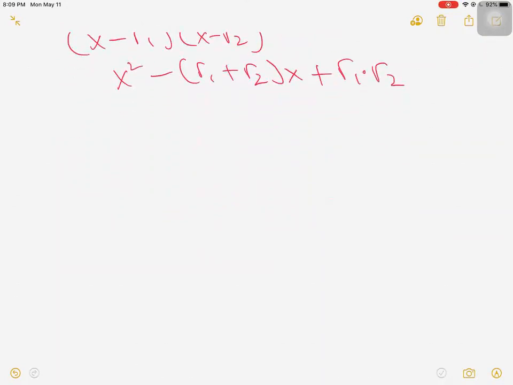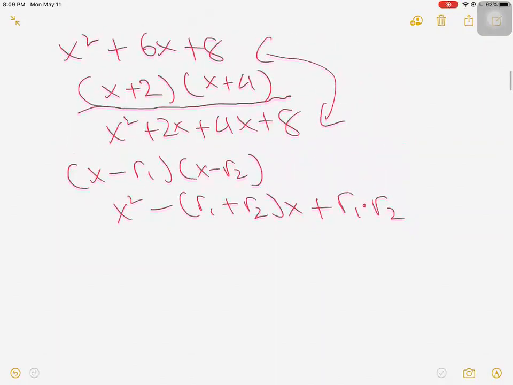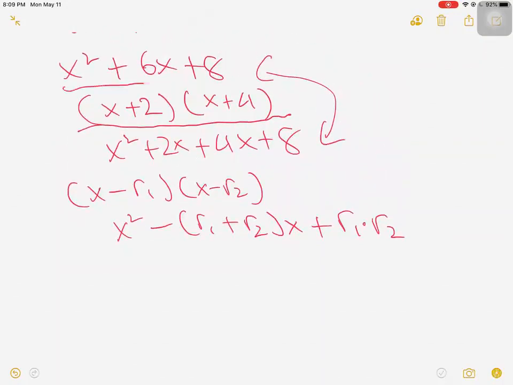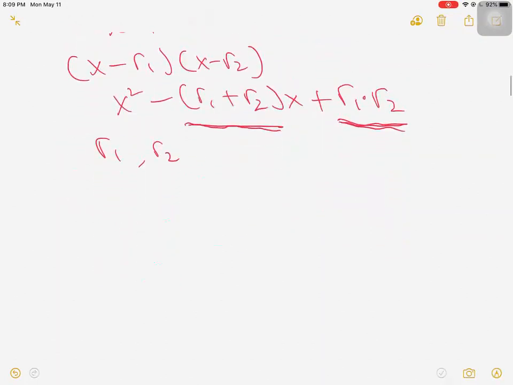Okay. So basically, the way we can factor a quadratic like this is we want to find two numbers, r1 and r2, that multiply to the c value and then add up to the negative b value. So let's just give an example.